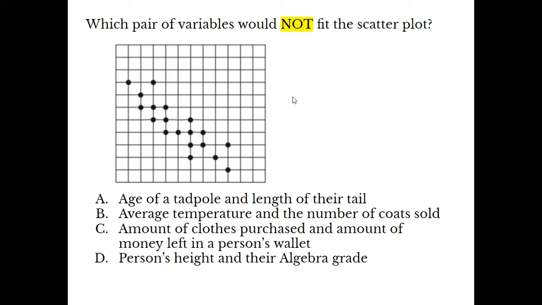So let's look at A. As the age of the tadpole increases, would the length of their tail decrease? Yeah, the older they get, they get a smaller tail and they become a frog. So that fits the scatter plot, right? So definitely we can't say that A does not fit the scatter plot. So we're going to mark A off because that would actually fit it.